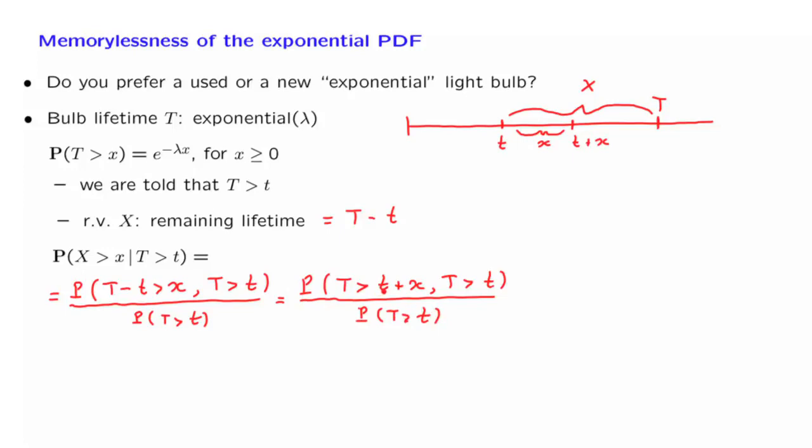And now notice that capital T will be greater than little t and also greater than little t plus x. That is, capital T is larger than this number and this number, if and only if it is larger than this second number here. So, in other words, the intersection of these two events is just this event here, that capital T is larger than little t plus x.